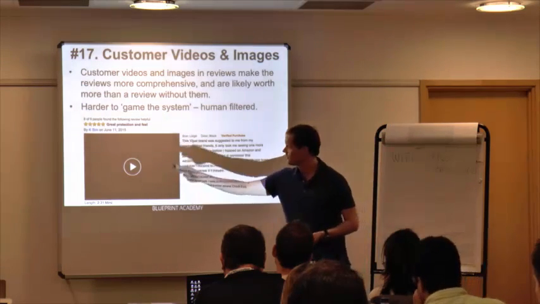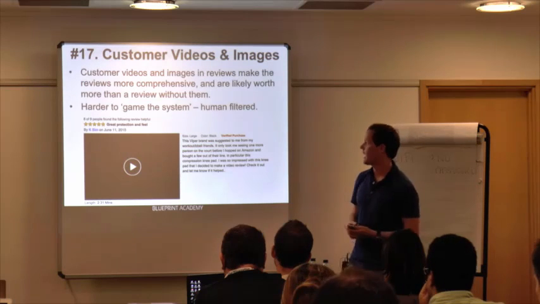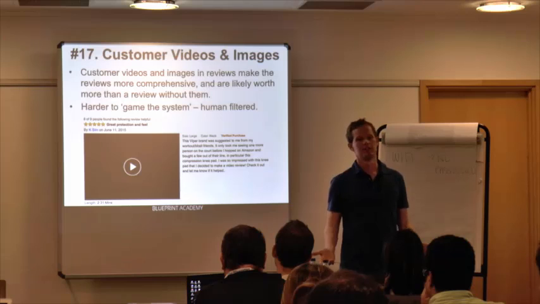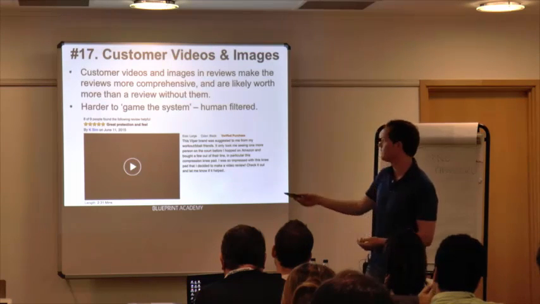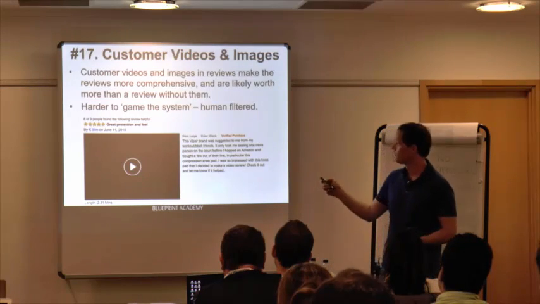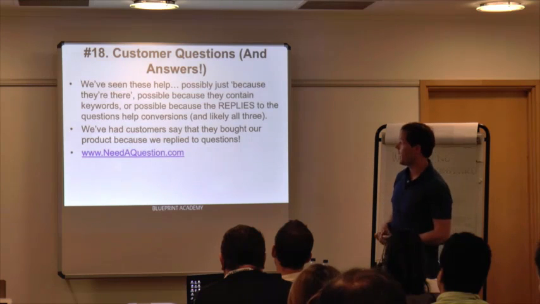This is a review that's got a video in it. They can be much more comprehensive. It's harder to game the system with these because a human actually has to do it. Amazon knows it's easy to manipulate reviews, but these kinds of reviews are not as easy to manipulate, so they're more valuable.